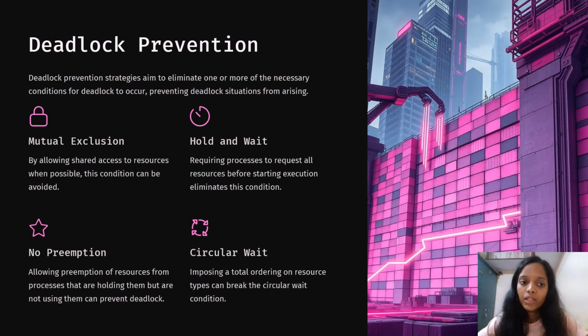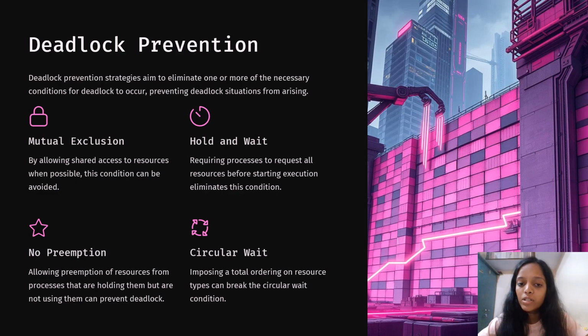Deadlock prevention. Deadlock prevention strategies aim to eliminate one or more of the necessary conditions for deadlock to occur, preventing deadlock situations from arising. First one is mutual exclusion. By allowing shared access to resources when possible, this condition can be avoided. Hold and wait.